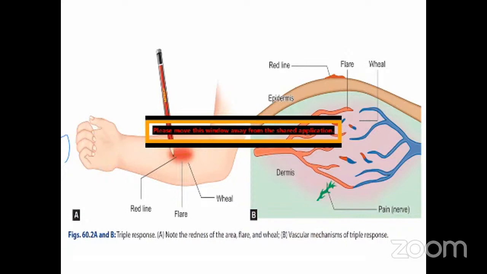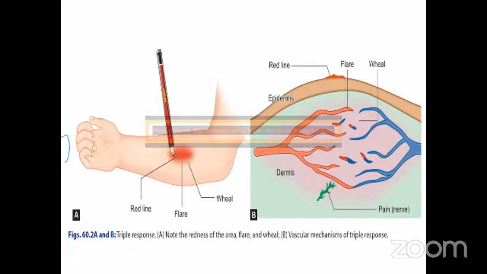Pain-sensitive nerve endings are there. There is stimulation, impulses go to the brain, and then there is a release of substances like histamine and an accumulation of fluid. So this is the diagram of the triple response.